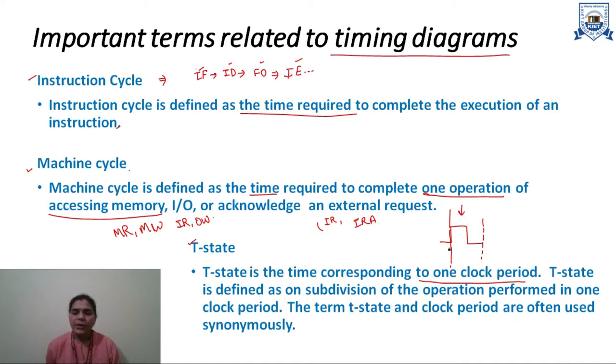T state is defined as a subdivision of the operation performed in one clock period. It represents the work which is done within a clock period. So we can use T state or clock period interchangeably.